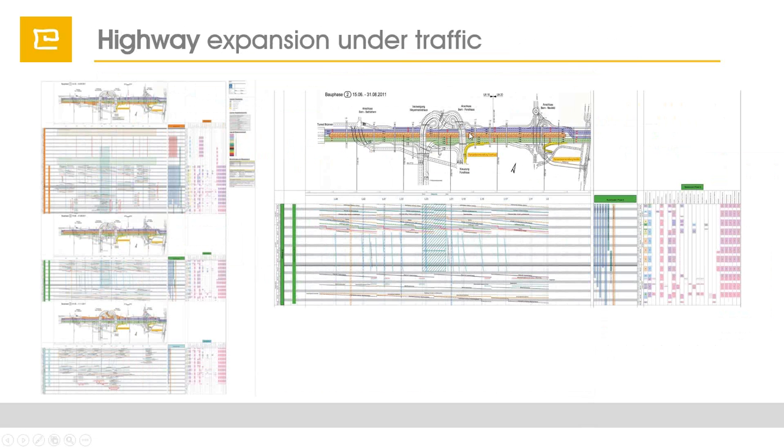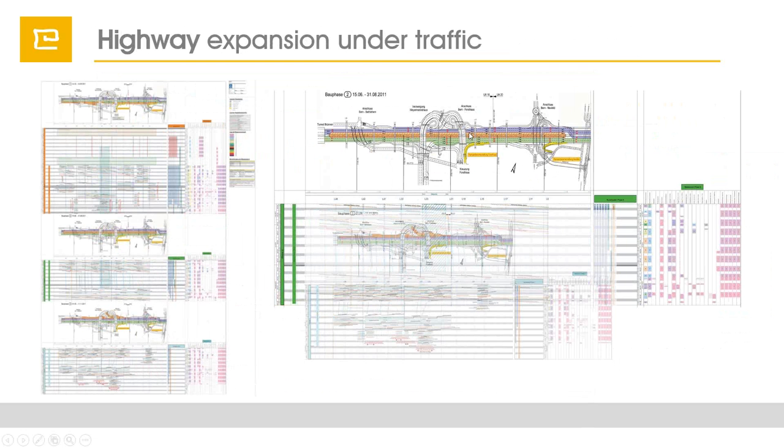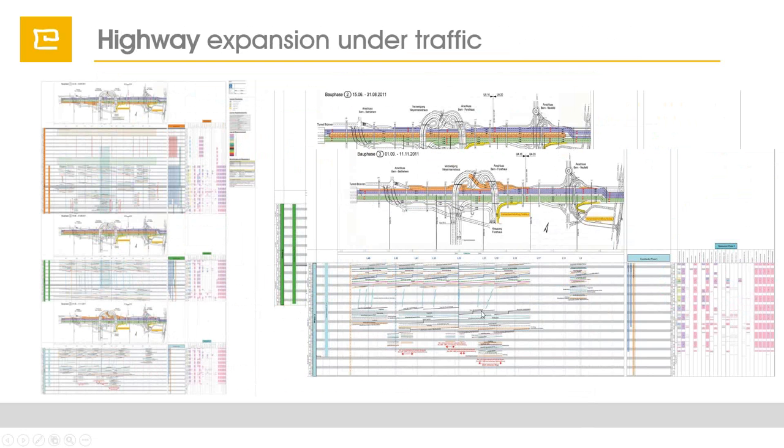In the next stage, the traffic goes on the inner part, and the outer part is at the moment under work where the activities are planned. This client could make clear by this that with his concept there was minimum disturbance of the traffic, and by this he got the contract.